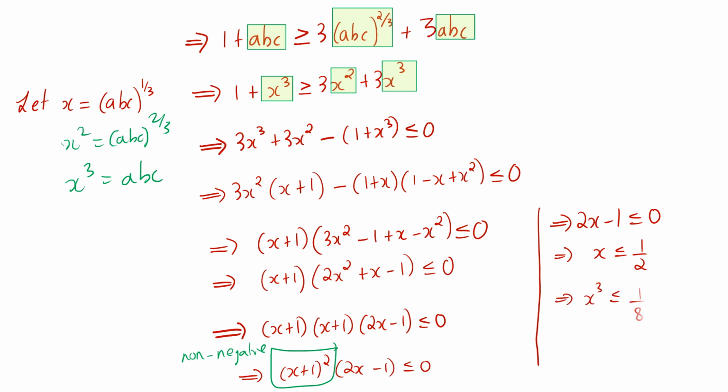Now if you cube the inequality, we have x cubed less than or equal to 1 upon 8, but guess what is x cubed? That is ABC. So we finally have the desired result. ABC is less than or equal to 1 upon 8.